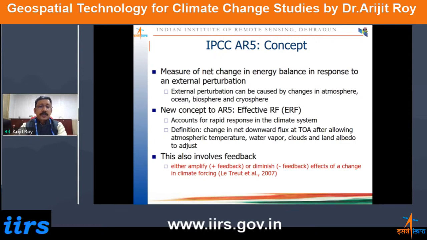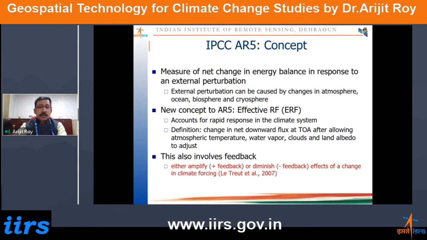And it is basically based on the measure of the net change in the energy balance in response to the external perturbation. And these external perturbations are mainly caused by the changes in the atmosphere, the ocean, the biosphere, and the cryosphere, because of the various anthropogenic activities.